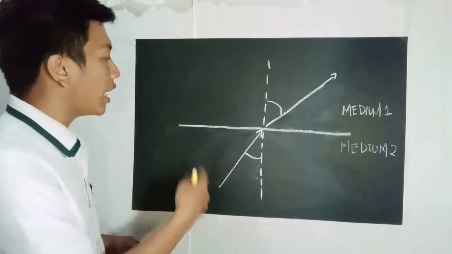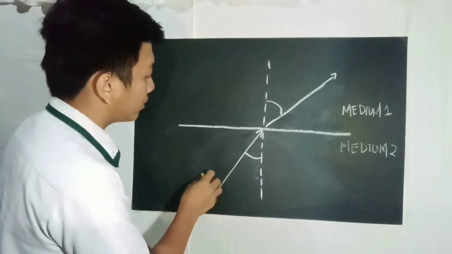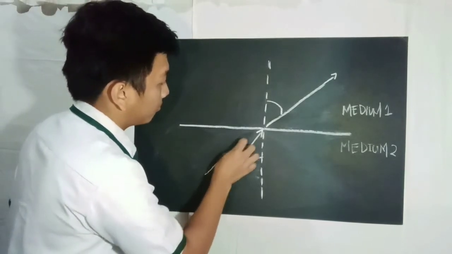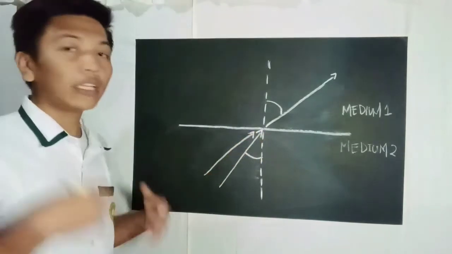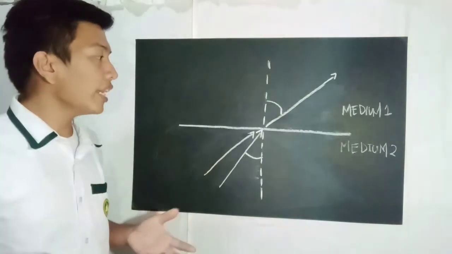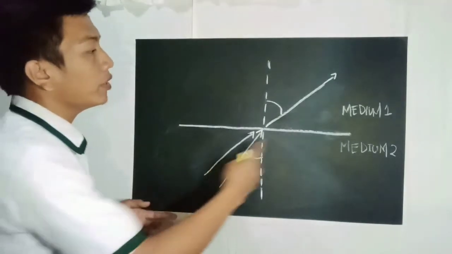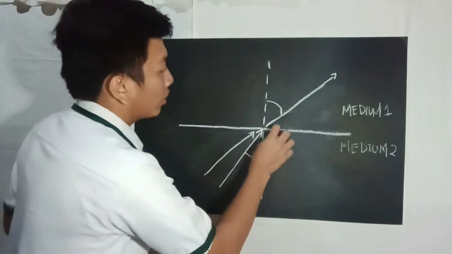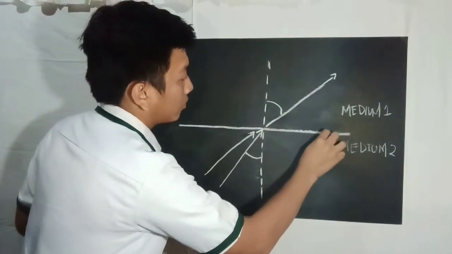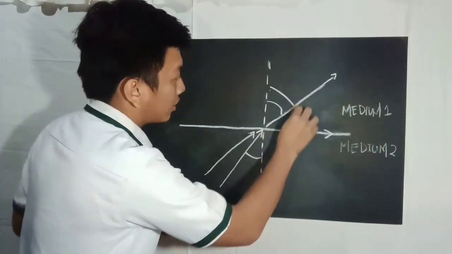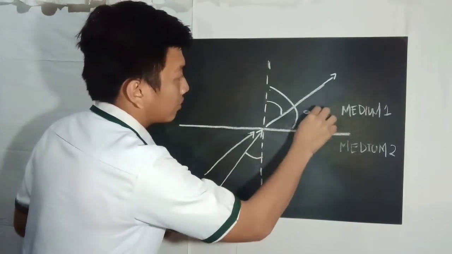So if we increase the angle of incidence, it will refract to an angle wherein the light will never escape from medium 2 to medium 1. And this angle is 90 degrees.